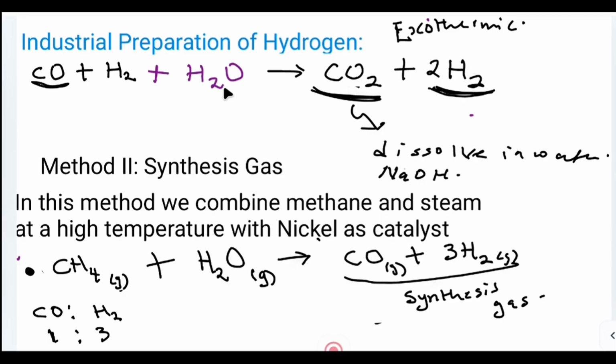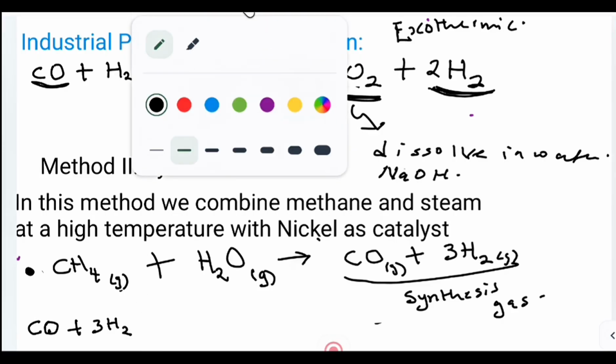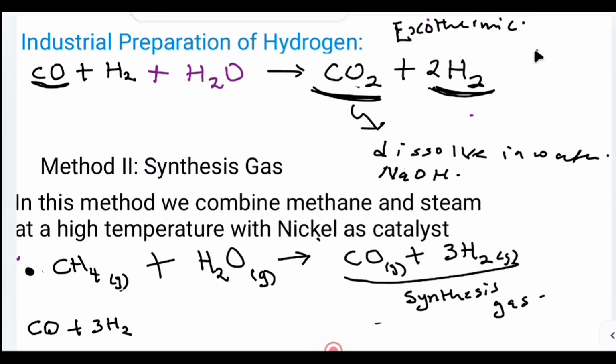Now, after you have produced your synthesis gas, you can take this synthesis gas, CO plus 3H2, and I'm going to change the color like I did before, so that you remember everything in black here is the synthesis gas.